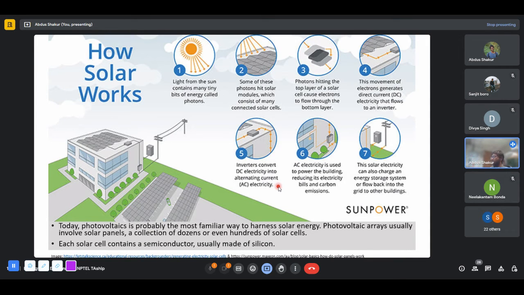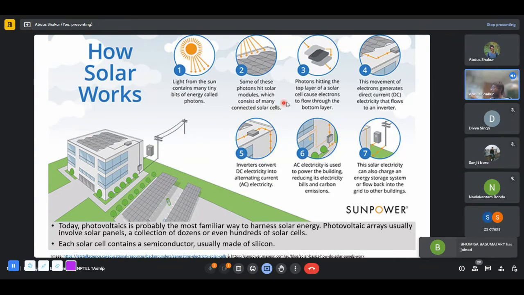So how do solar panels utilize this photoelectric effect? On a solar panel, when light falls on these solar modules or solar cells, each individual block, the silicon semiconductor in it gets excited.